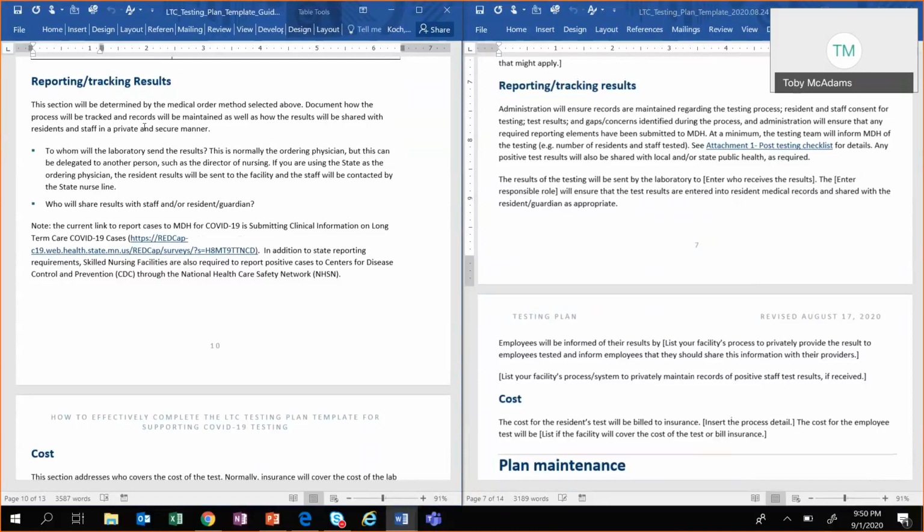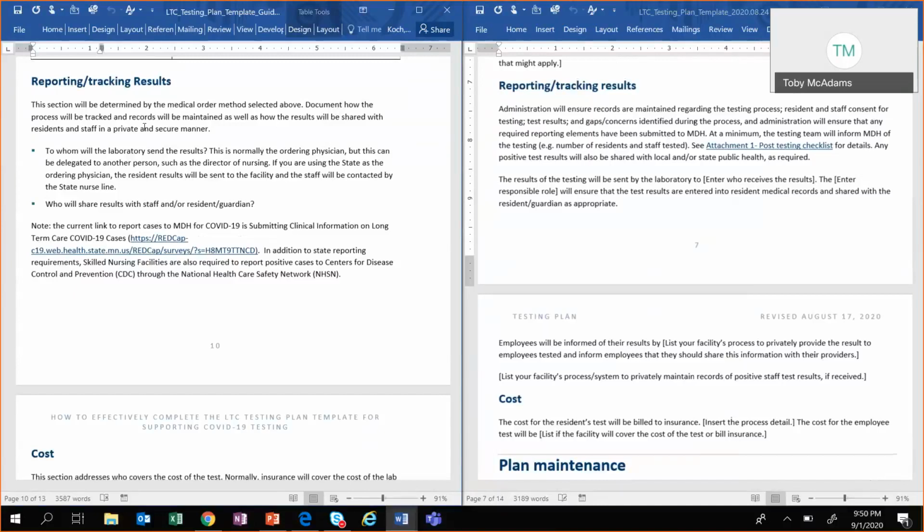How am I going to ensure that I've documented the results within the medical records, as an example? Who's going to be responsible to do that? Who will be responsible to receive the results of the tests?